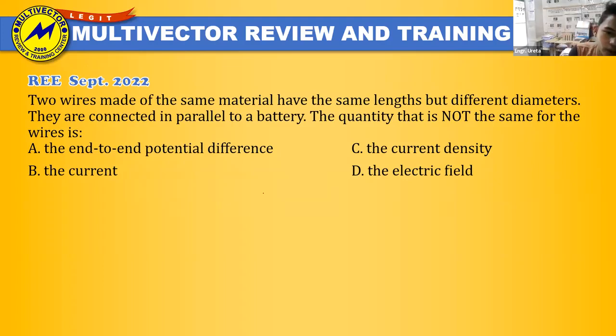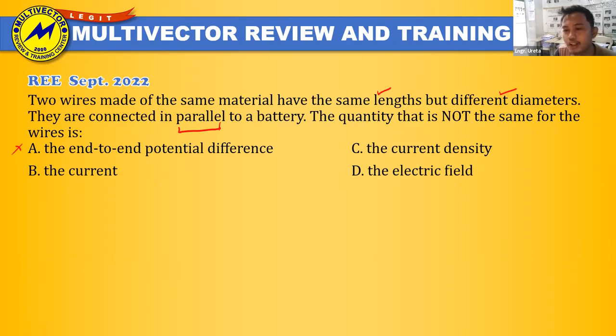Since the wires are connected in parallel, regardless of the component, the potential difference is the same, while the current is different between nodes, especially when the resistance is different. Here it says same lengths but different diameters, therefore the resistance is also different.